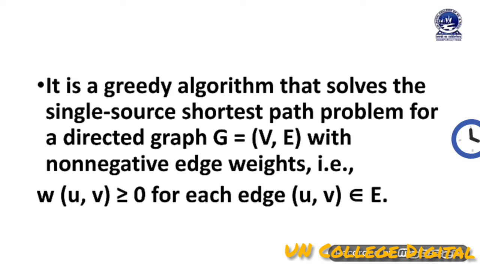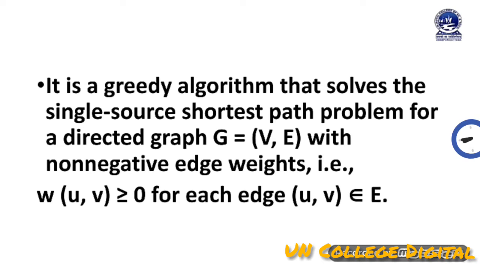It is a greedy algorithm that solves the single source shortest path problem for a directed graph G = (V, E), where V represents all the vertices and E represents all the edges, with non-negative edge weight, that is w(u,v) >= 0 for each edge.